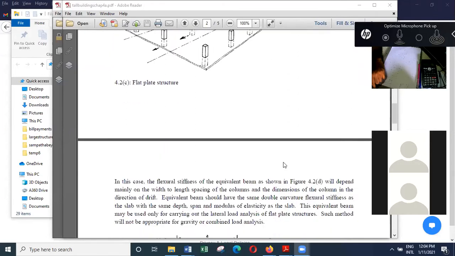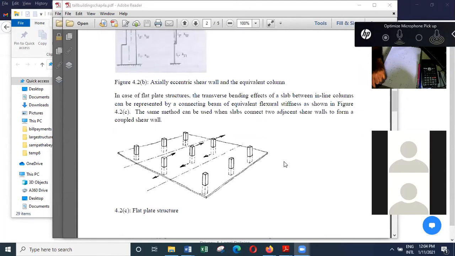Then the other thing that I want to highlight is that sometimes we get slabs instead of beam slab construction. Sometimes we get flat slabs.